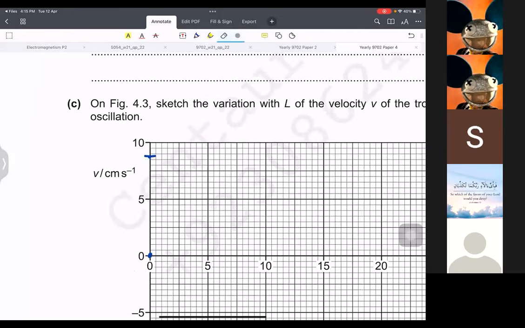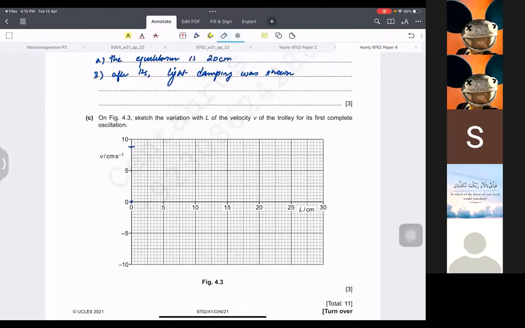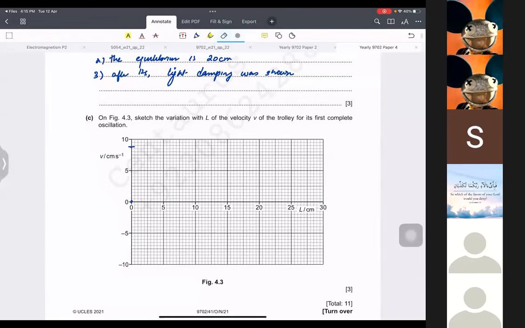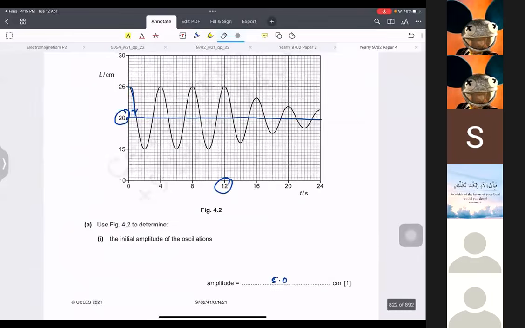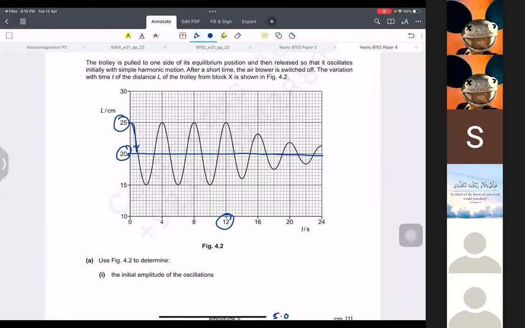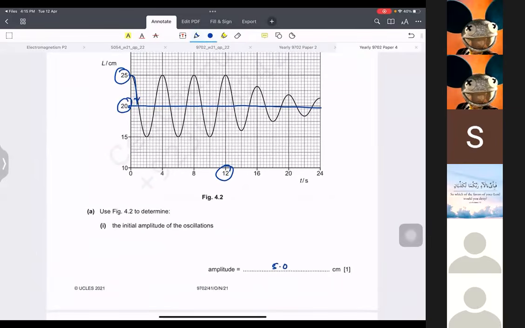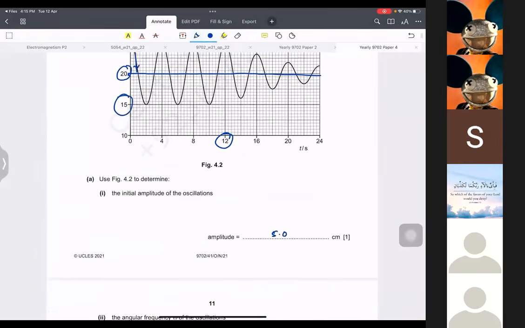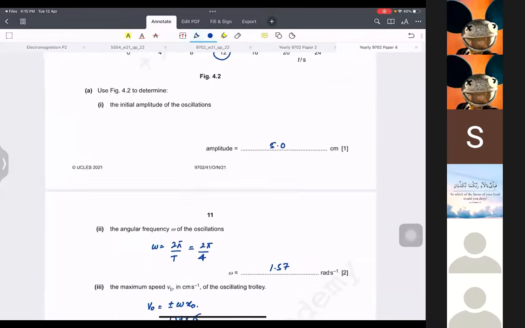And when it was the maximum displacement, when the length was 25 at time 0, the speed was 0. So the speed is 0 at lengths of 15 and 25.